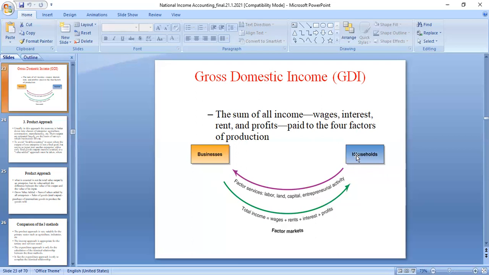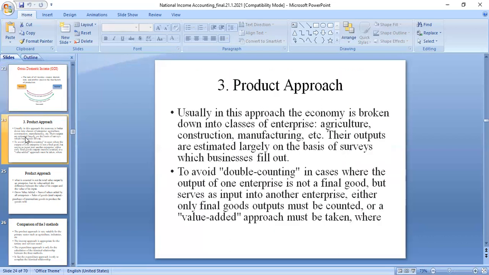And then the profits, of course, if the households provided entrepreneurial activity, someone starting up a business, then at the end of the day, they will be getting profits. So this is a simple circular flow of income, basically, that helps us to know how the income approach works, for the payment to the four factors of production.